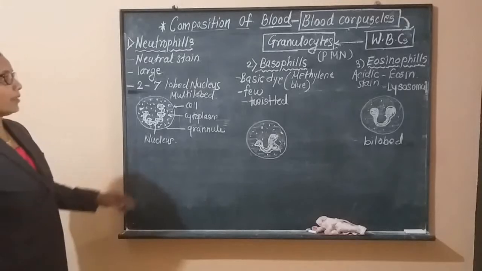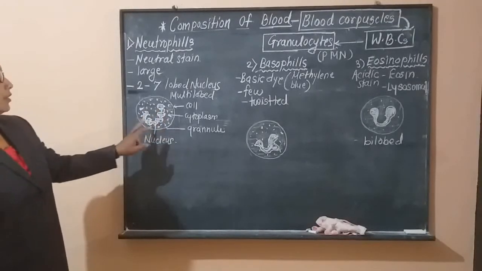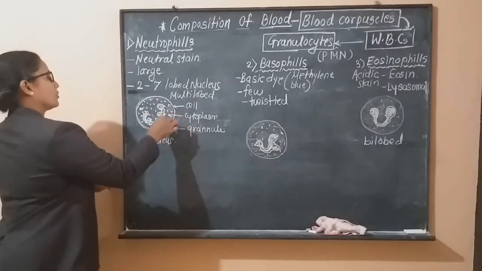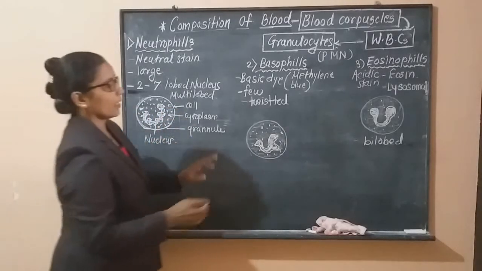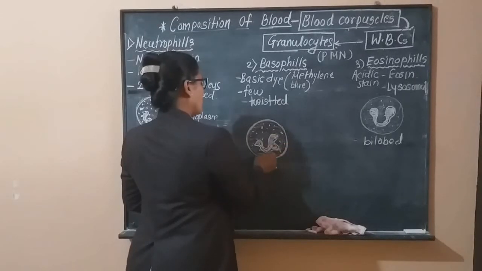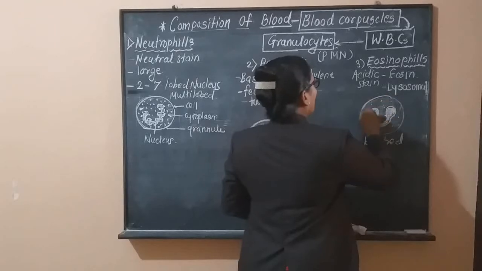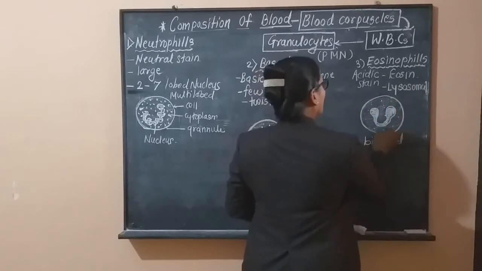Okay, such type of structure we can observe in the case of neutrophils. Same labels we can label here in each cell. This is cell wall, inside this cytoplasm, granule and lobed nucleus.